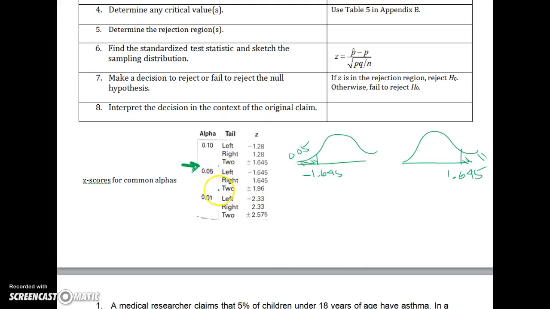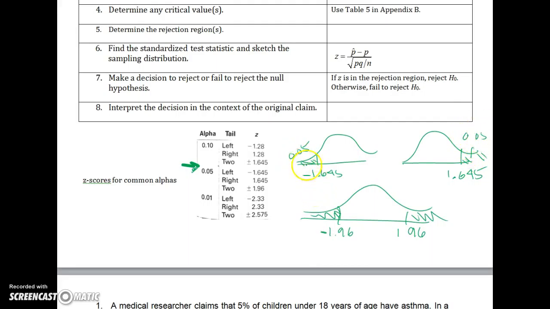And then for two-tailed tests, for this one right here, if this is your bell curve, then it's positive and negative 1.96. So 1.96 on the positive side, negative 1.96 on this side. The reason the z-scores are a little bit different is that if it's a two-tailed test, it's not just directly alpha 0.05.